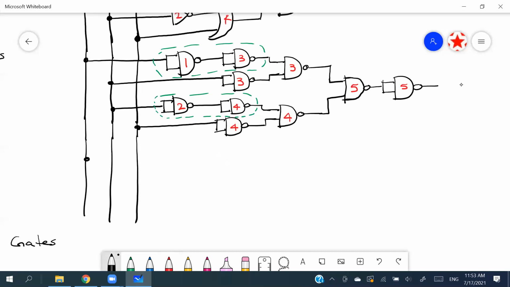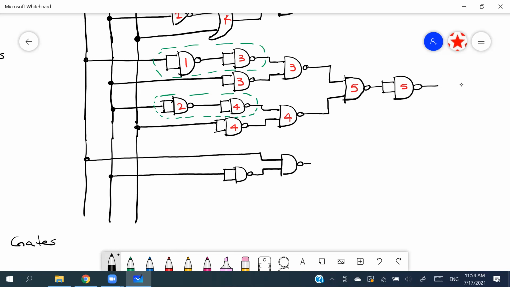So here we go. This line continues to this level. And the B is having a NOT kind of one. So it continues and having this.